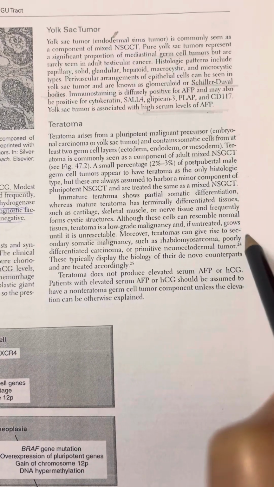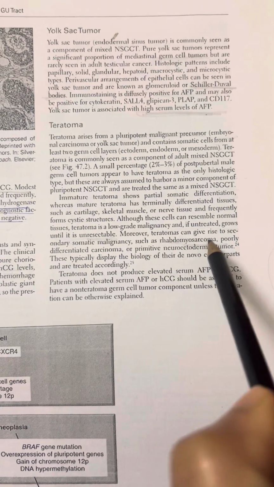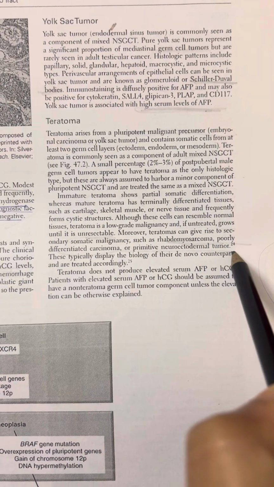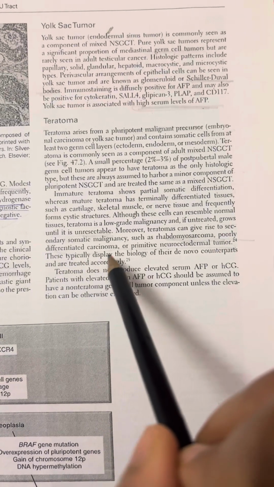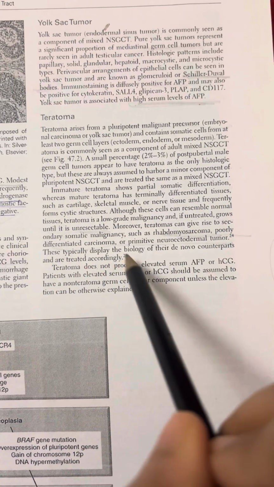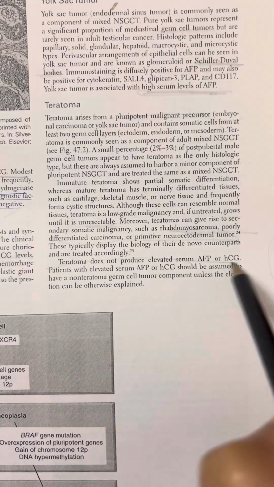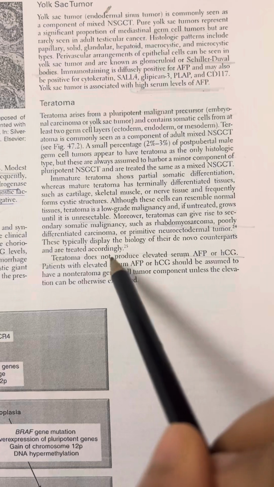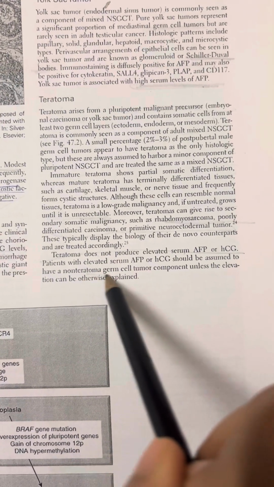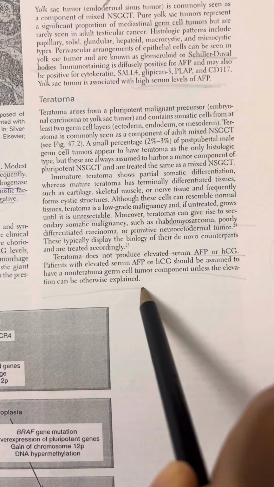Moreover, teratoma can give rise to secondary somatic malignancies such as rhabdomyosarcoma, poorly differentiated carcinoma and primitive neuroectodermal tumors, which typically display the biology of their de novo counterparts and are treated accordingly. Teratoma does not produce elevated serum AFP or HCG. Patients with elevated serum AFP or HCG should be assumed to have a non-teratoma germ cell tumor component unless the elevation can be otherwise explained.